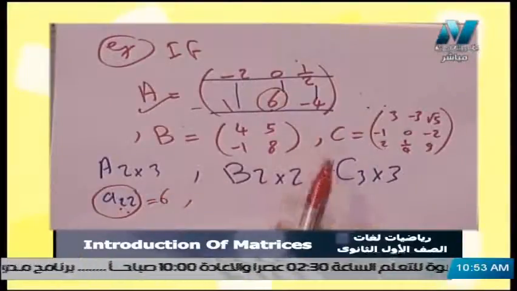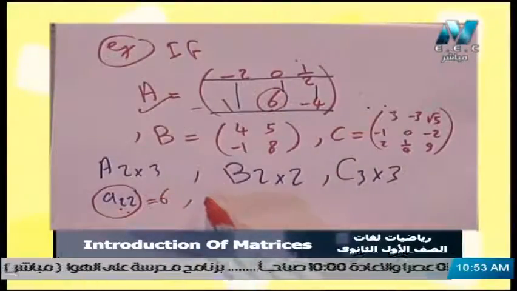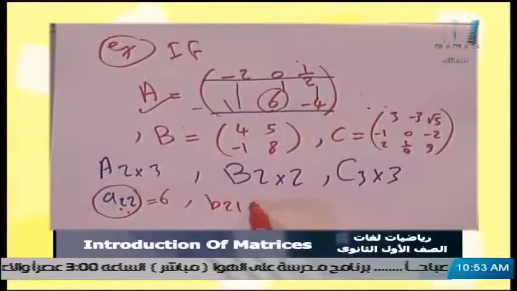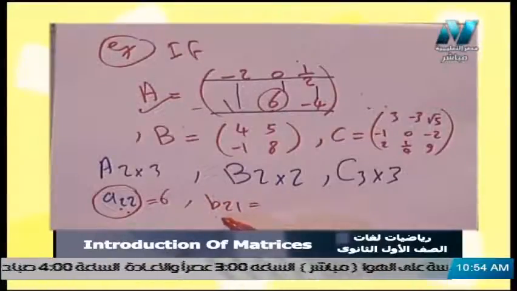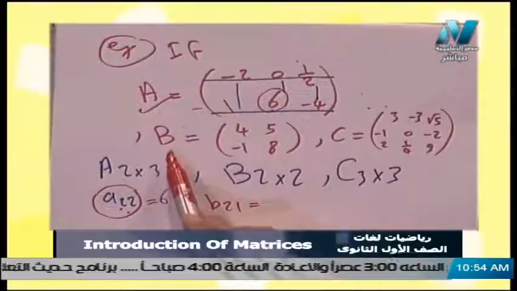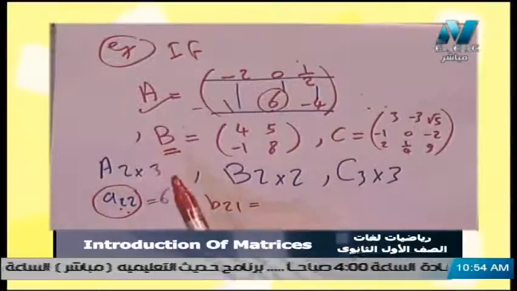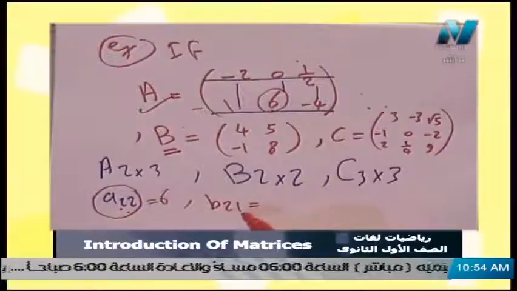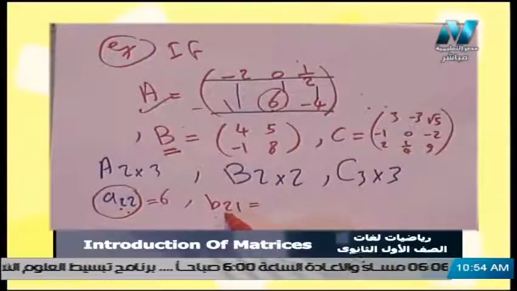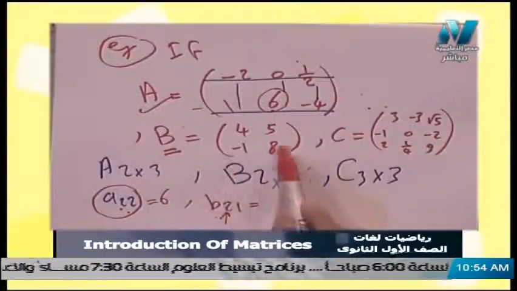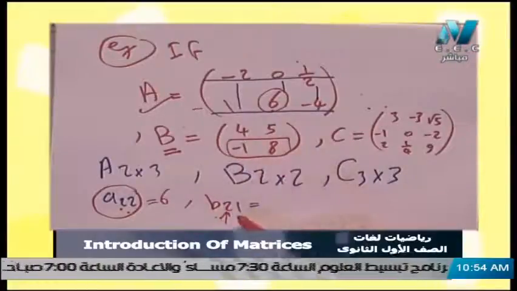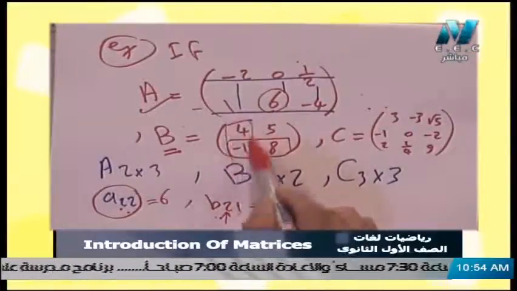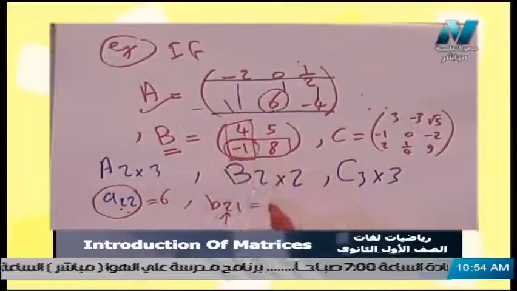If you want to find the element b21, the element small b21 lies in the matrix B. So b21 means the element in the second row, which is this row, and first column, which is this one, so it's -1.